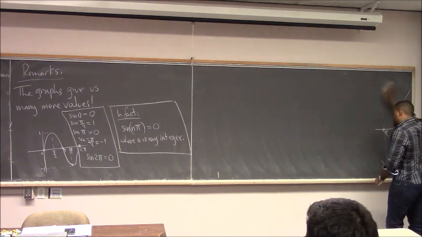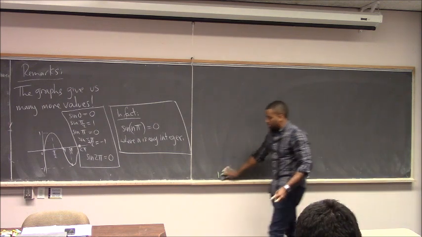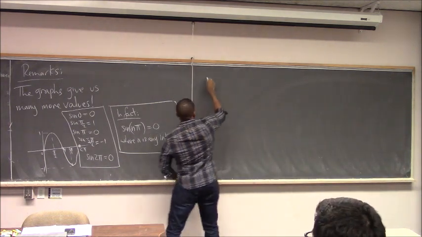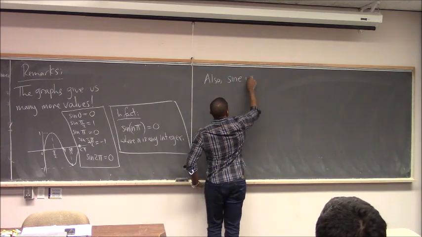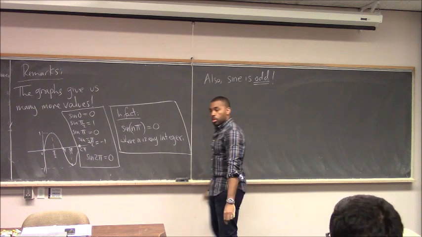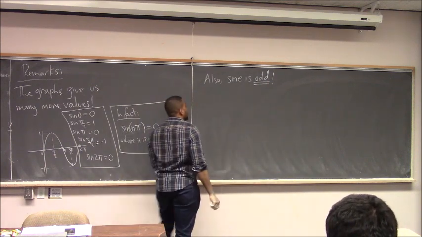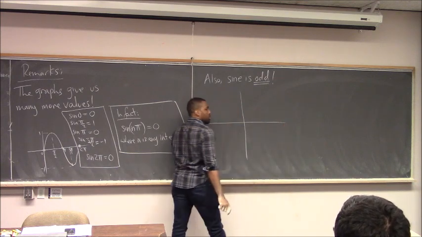You'll also notice something else, a concept that we spoke about a long time ago, but it's still relevant. From the graph, you'll notice that the sine is an odd function. Remember what an odd function was? It's a function that was symmetric about the origin.